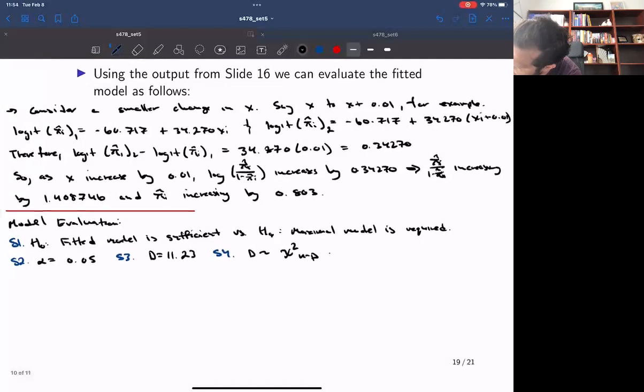So this is going to be distributed chi-square 8 minus 2. Sorry, these would be equal signs. So this is distributed chi-square on 6 degrees of freedom.